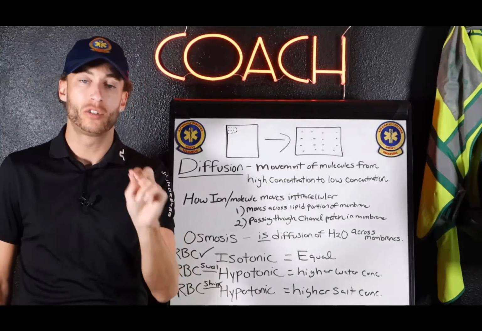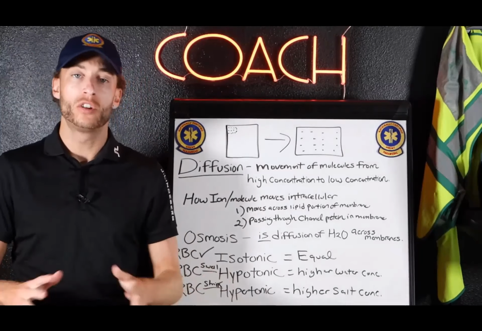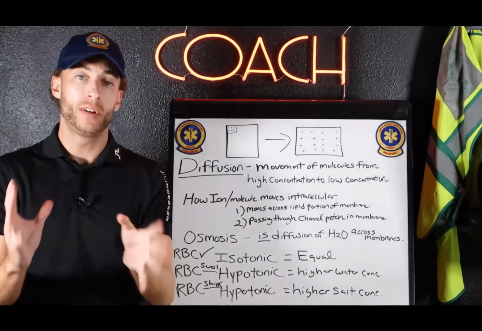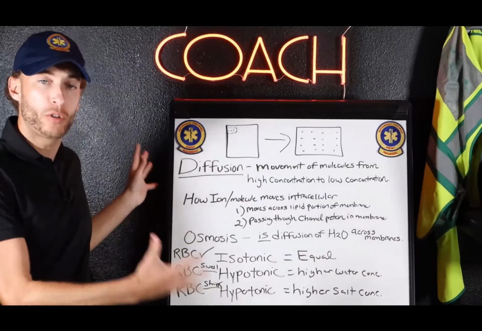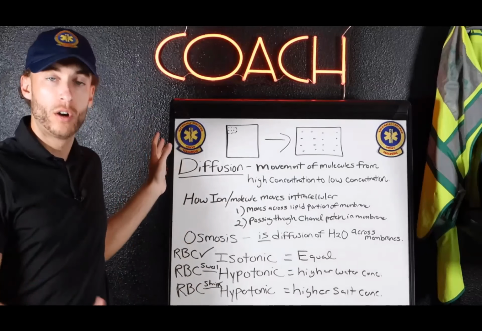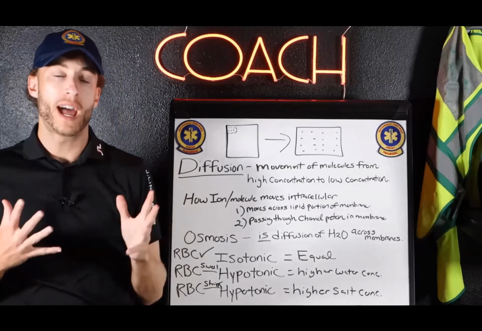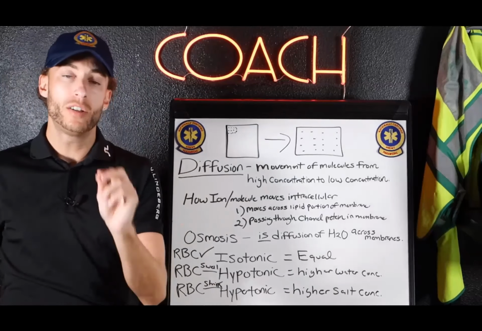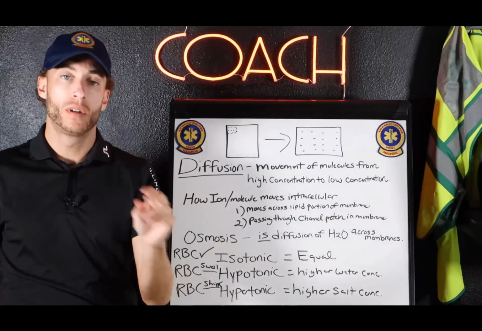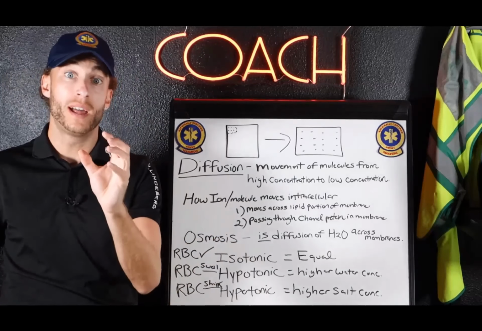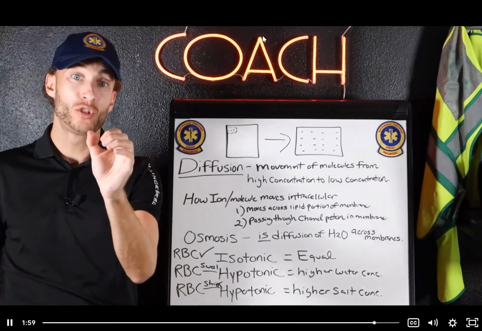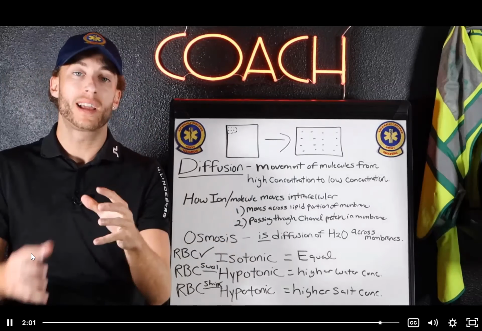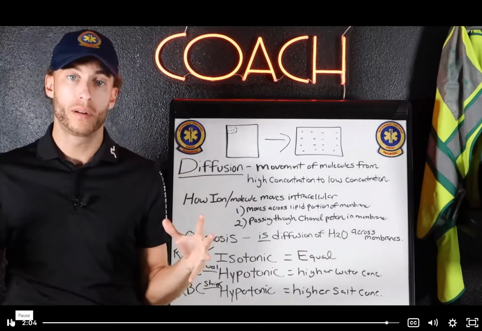Higher salt concentration, hypertonic. This is why I'm preaching all this. These are the buzzwords, like all these videos are, for the exams you're going to have in A&P. Isotonic, everything's equal. Hypertonic is when you're going to see that red blood cell shrink up. Hypotonic, the red blood cell is going to swell up.